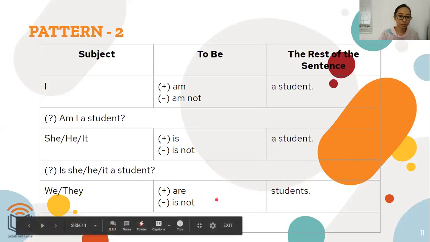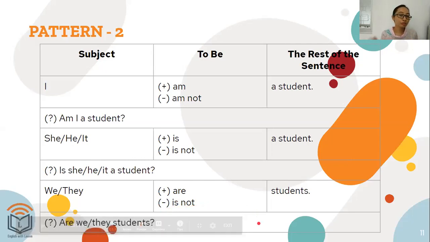So it will be, oh, sorry, this is we are. We are not students. They are not students. Okay, sorry, this is a mistake. It must be are. We are not students. They are not students. Okay, and the interrogative, yes, again, move the are to the front. It becomes are we students? Are they students?